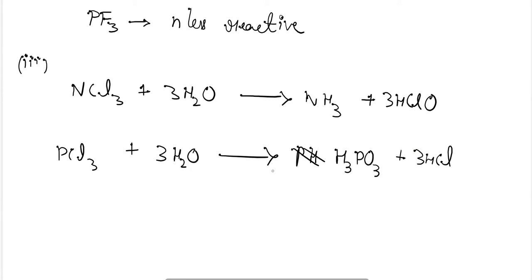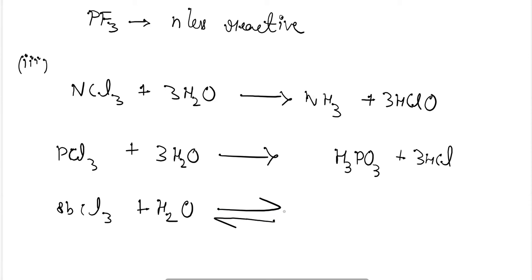This type of behavior is seen with the halides when treated with water, when hydrolyzed. Also, antimony chloride, when hydrolyzed, shows a reversible reaction and forms antimony oxychloride, which is an ionic compound, with 2HCl.